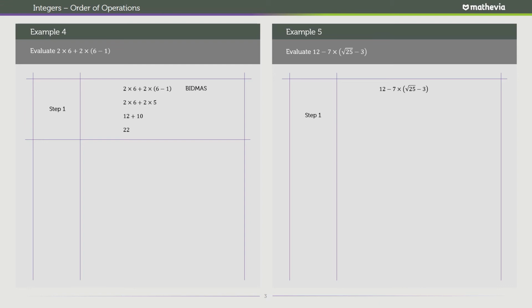Our index in this case is the root. So write BODMAS. We have brackets, we have index, we have subtraction, we have multiplication. BODMAS tells us the first thing we need to do is work the brackets.